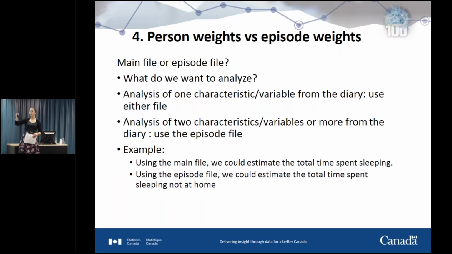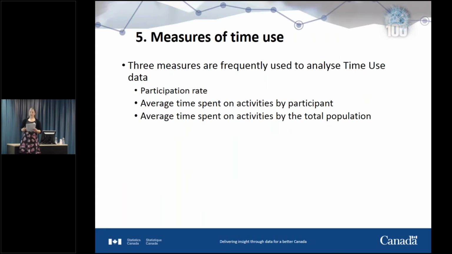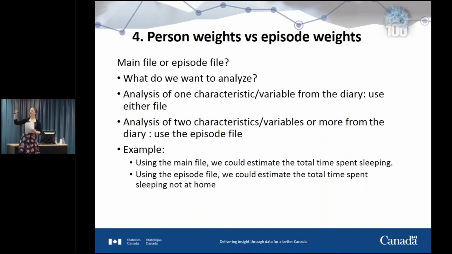For example, using the main file, we could estimate the total time spent sleeping, but using the episode file, we could estimate the total time spent sleeping not at home. So as you can see, with the episode file, you can combine information. You can look at an activity and where you were or who you were with.